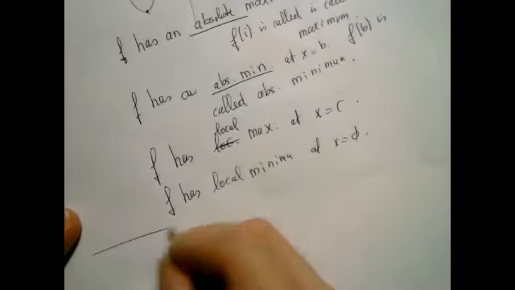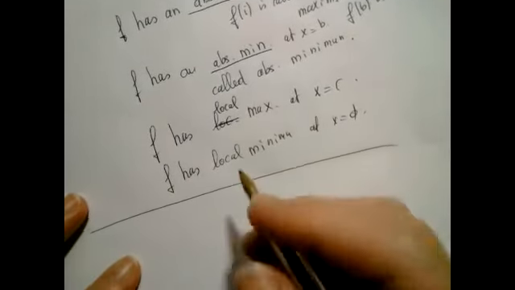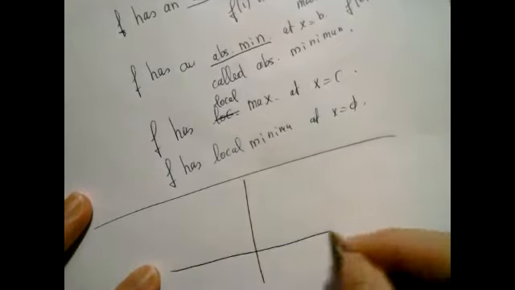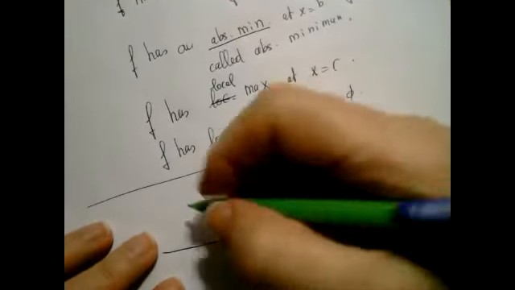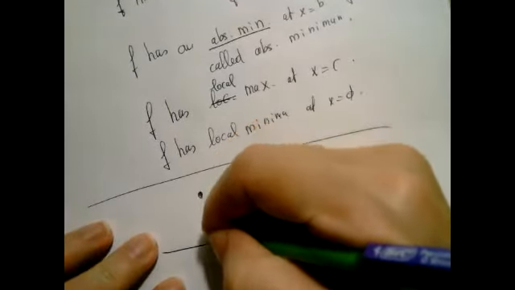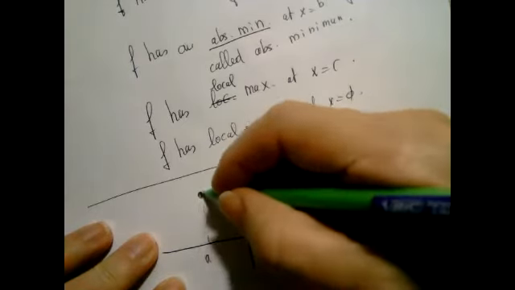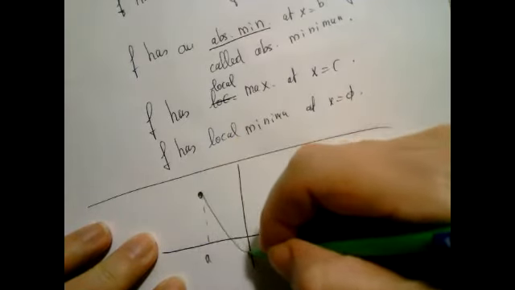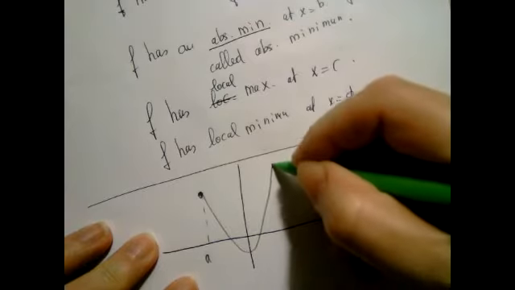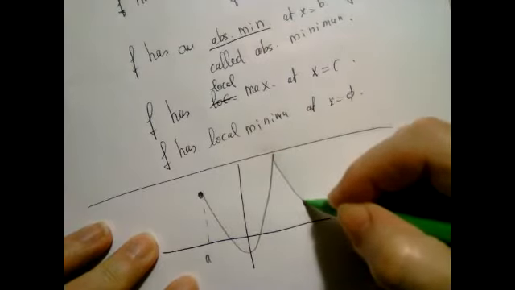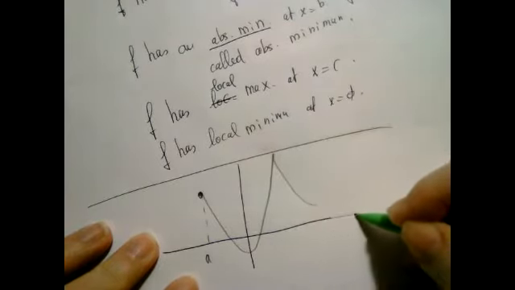So what do I mean by that? For example, let's consider the following graph. Looks like that. That's my endpoint. And my function kind of wiggles like this, goes like that, and let us say stops here.